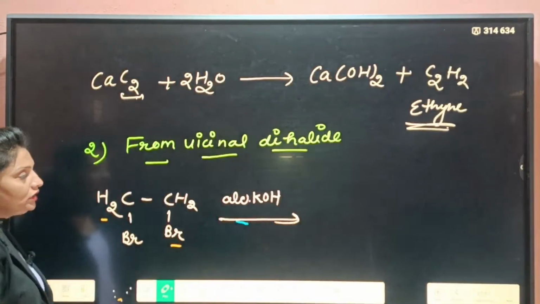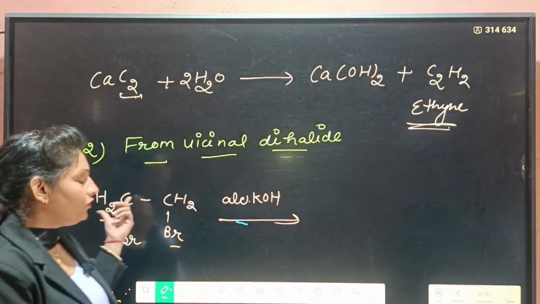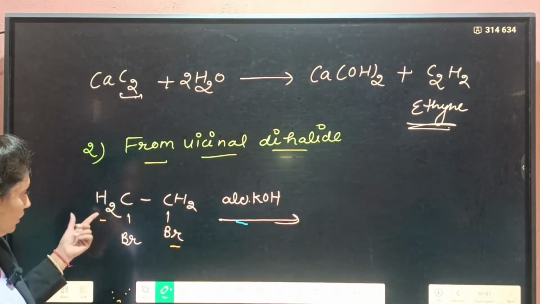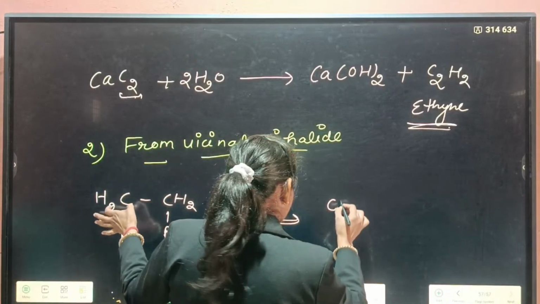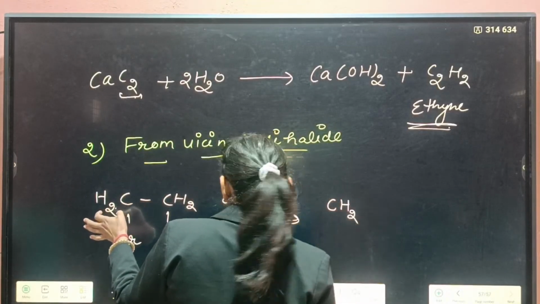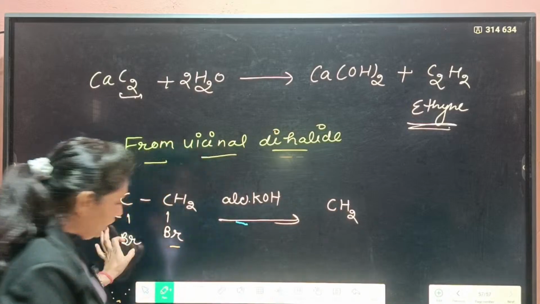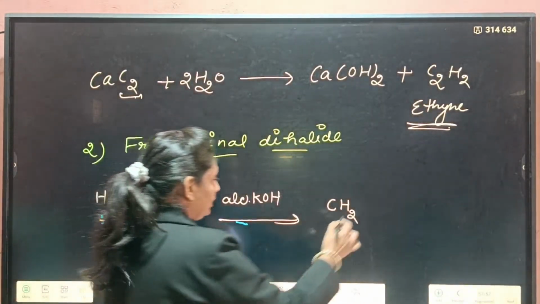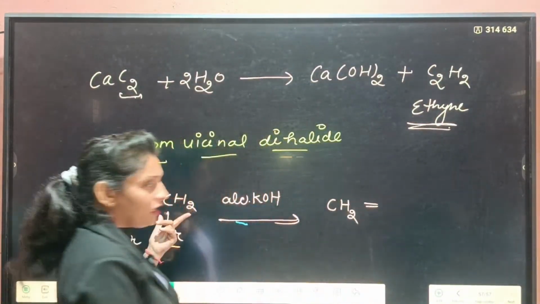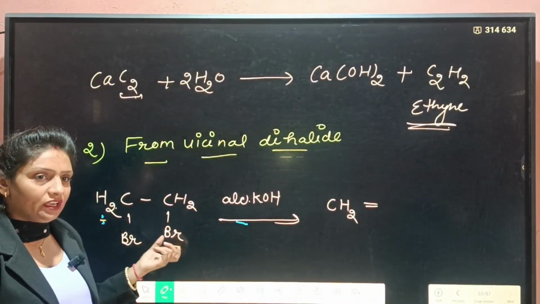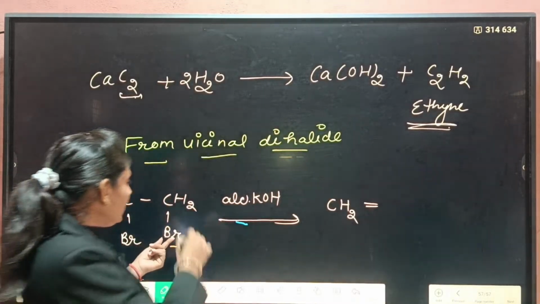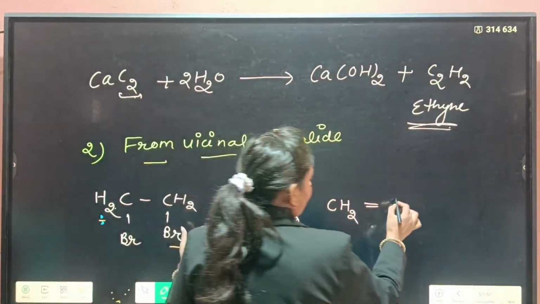So according to dehydrohalogenation, you will write the product. From one carbon, you will remove halogen, and from the second, because it is symmetrical, we can remove from any, and both are having halogens now. From one carbon, you will remove hydrogen.